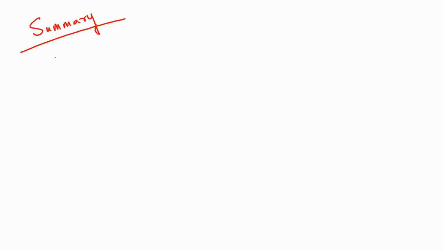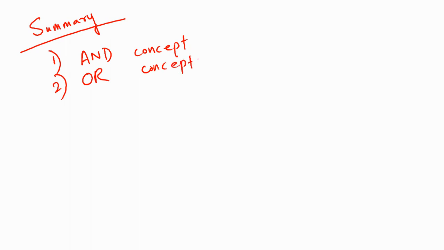Okay. So what are the things that you guys need to understand very well in permutation and combination? Number one, the AND concept. Number two, the OR concept. Basically, you need to understand these two together. Number three, after that, how we defined nPr, how we got the formula from the AND and OR concepts, and how we got nCr.